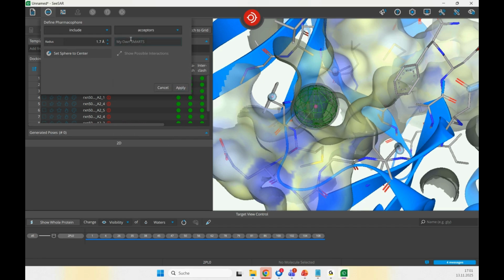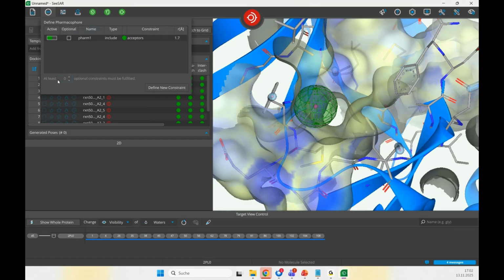It's also possible to define exclusions. So sometimes you don't want particular features in one region, like you don't want too many rotatable bonds somewhere. So this is how you can also exclude pharmacophores. In this case, I would like to include it. So this is mandatory. And if you have also several of them, you can also decide if they are optional or not and how many of them have to be fulfilled. So basically very sophisticated pharmacophore handling.